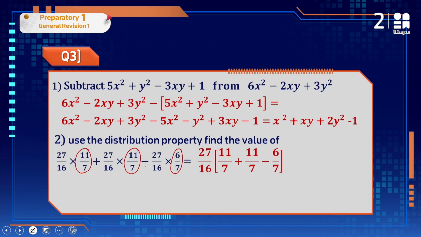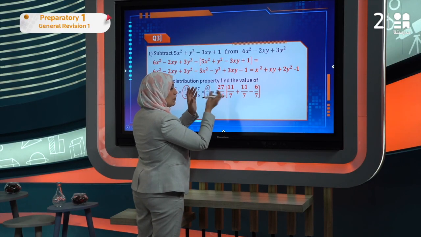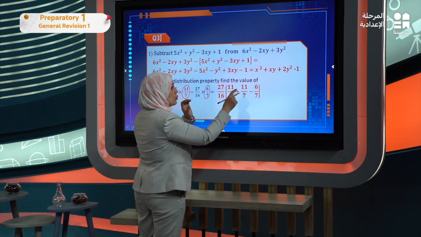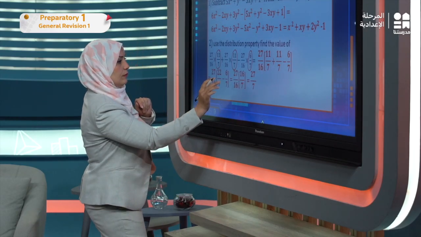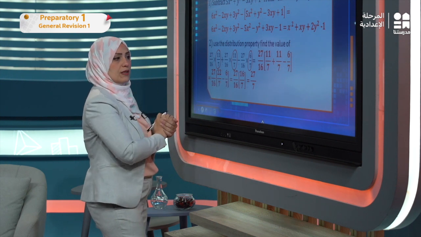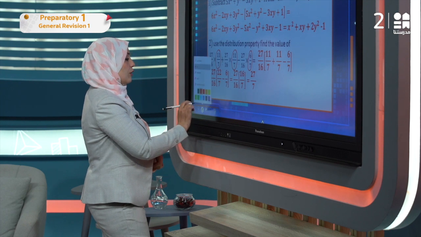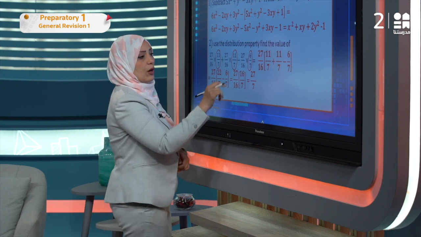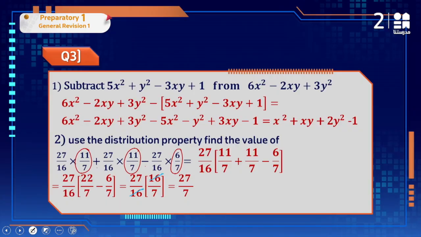Then do the brackets first, then multiply by 27 over 16. 11 plus 11, here we have the same denominator, we can do it mentally. 11 plus 11, which is 22, minus 6 equals, here it is, 16 over 7. And we have now multiplication, so we are going to cancel the same number up and down, simplify. So 16 with 16, it will be 27 over 7.